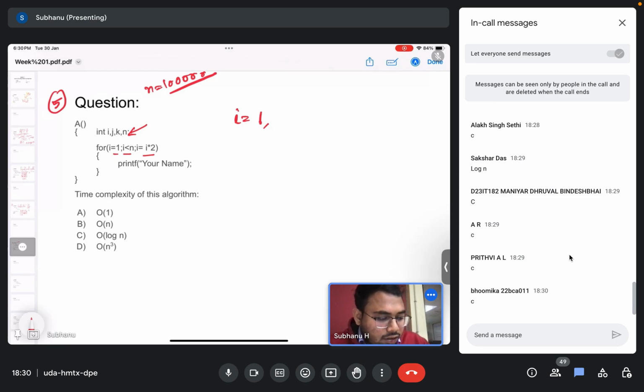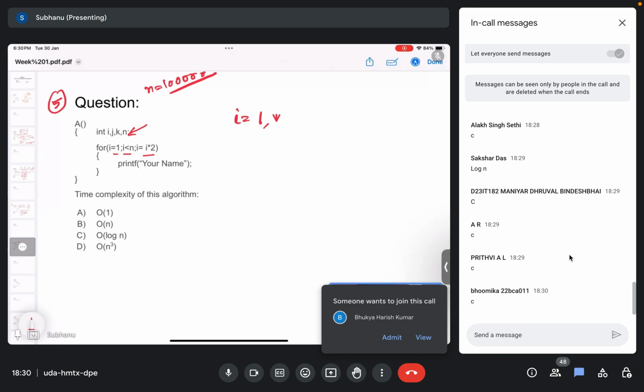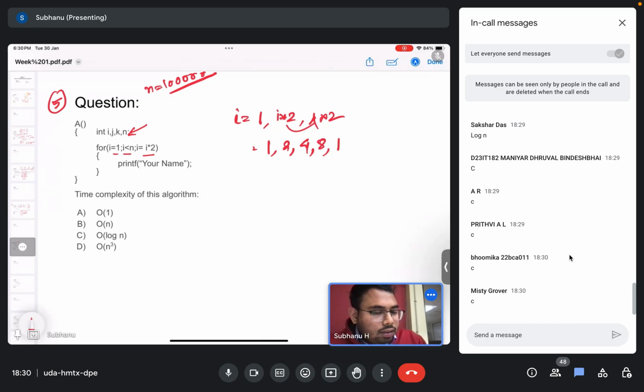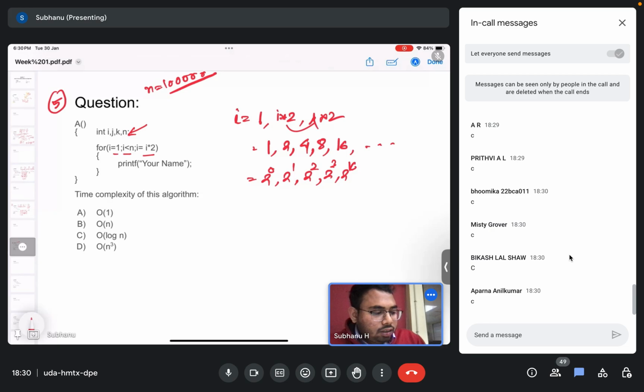Okay, it is true, then i will be 1 into 2, then this value into 2, so i will be basically 1, 2, 4, 8, 16 like this. So this is basically 2 to the power 0, 2 to the power 1, 2 to the power 2, 2 to the power 3, and so on, up to whatever it will reach.